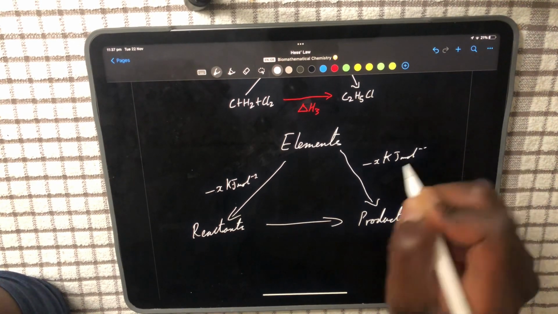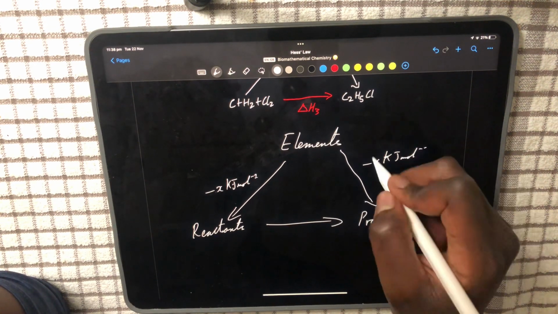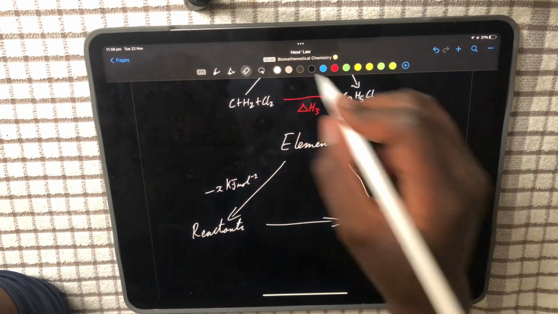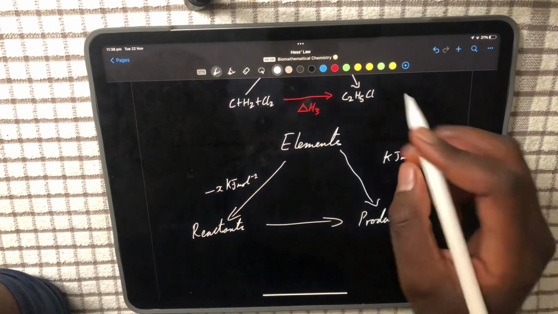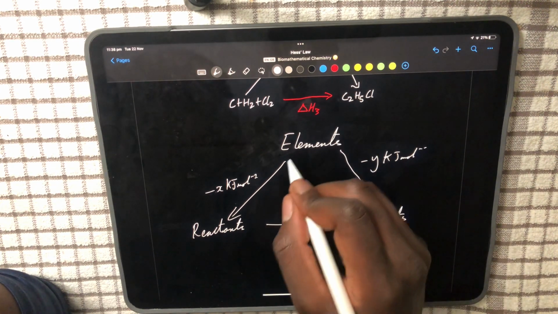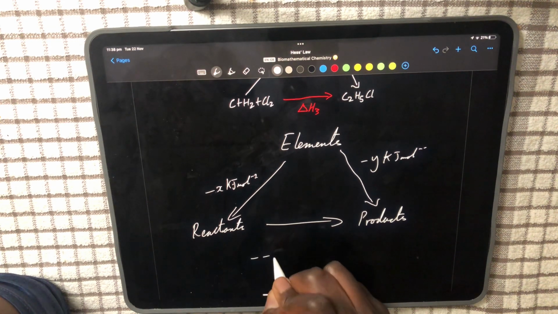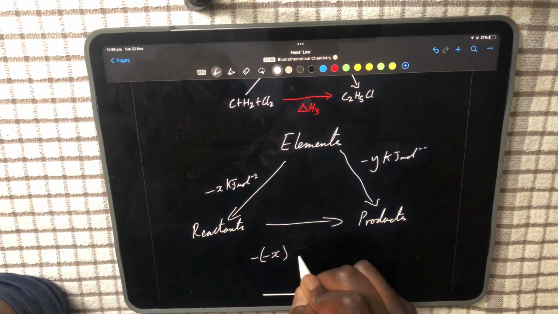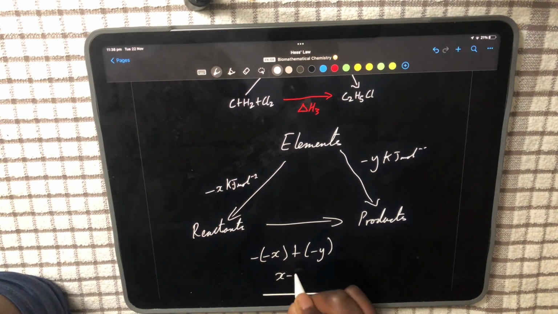But you're doing minus and minus, that's plus. So in this case, to go from reactants to elements to products, it would be minus X plus minus Y. That's just X minus Y.